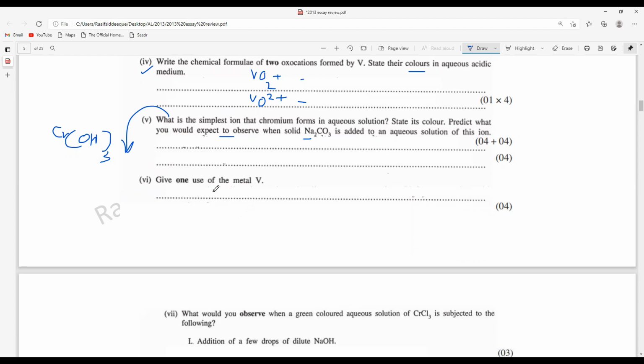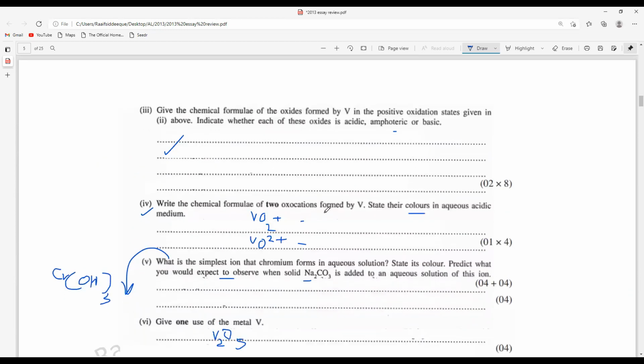If you remember V2O5, it is used as a catalyst in sulfuric acid production. So you should know this, and if you write this one, it is better. The answer that vanadium is typically used for alloys is enough, but try to be more precise and more accurate.